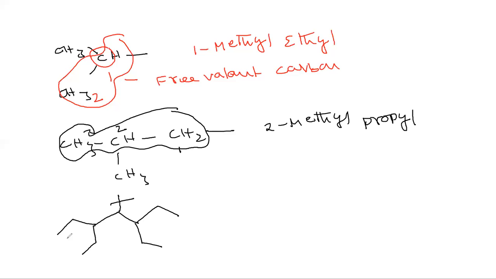For example, if I am taking an example like this, if you give the numbering for this one, what is the parent chain? Suppose I give the numbering 1, 2, 3, 4, 5, 6, 7, or like this 1, 2, 3, 4, 5, 6, 7. Both are the same, so I'm giving the numbering like this. See this substituent. How many carbons do we have?